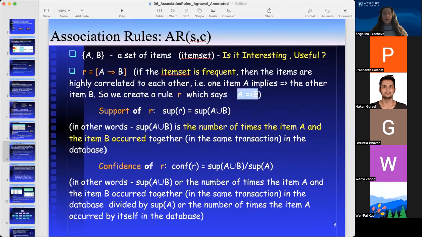If we have Coca-Cola, we also have pizza. If we have pizza, we also have Coca-Cola. How likely is that to be the case? Is it 60% of the time, 70%, 90%, 100%? So what is our confidence that if we buy pizza, we also buy Coca-Cola?